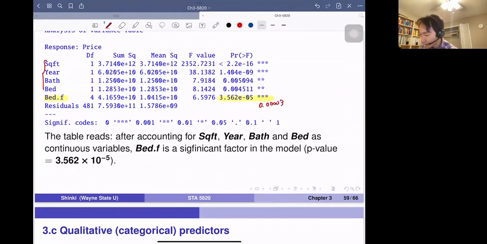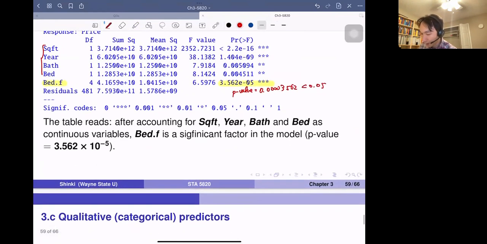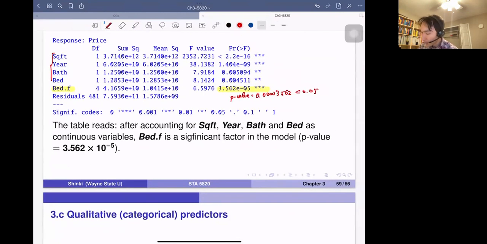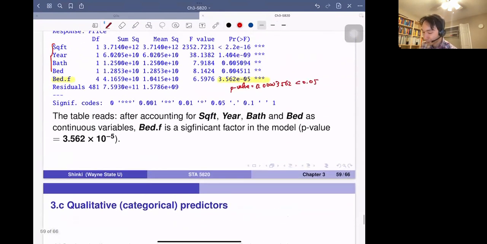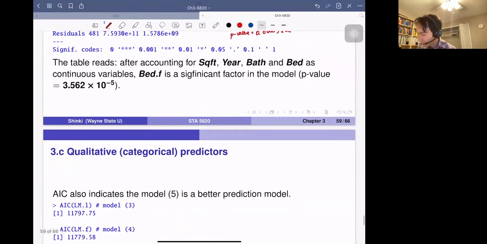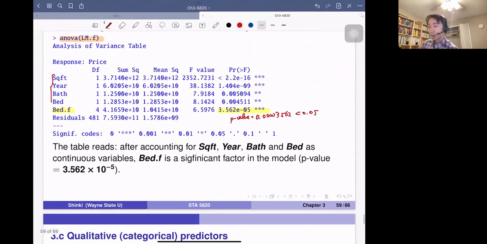So it's highly significant. It's much smaller than 0.05, for example. So it's meaningful to introduce the number of bedrooms as a categorical variable. Do you have any questions so far? Okay.